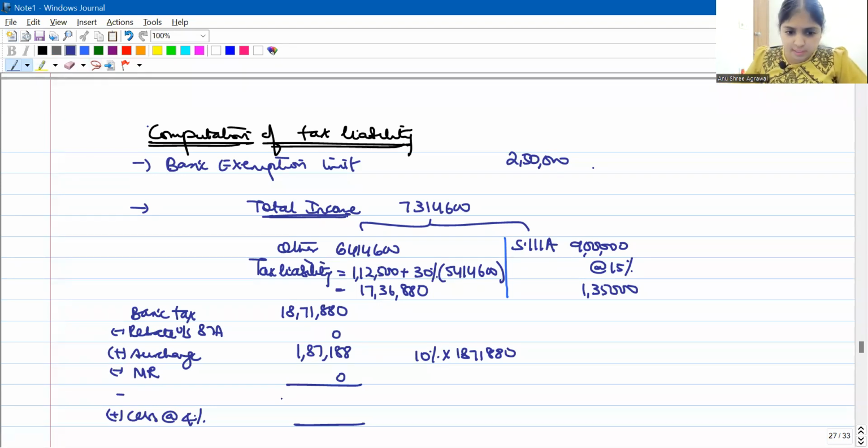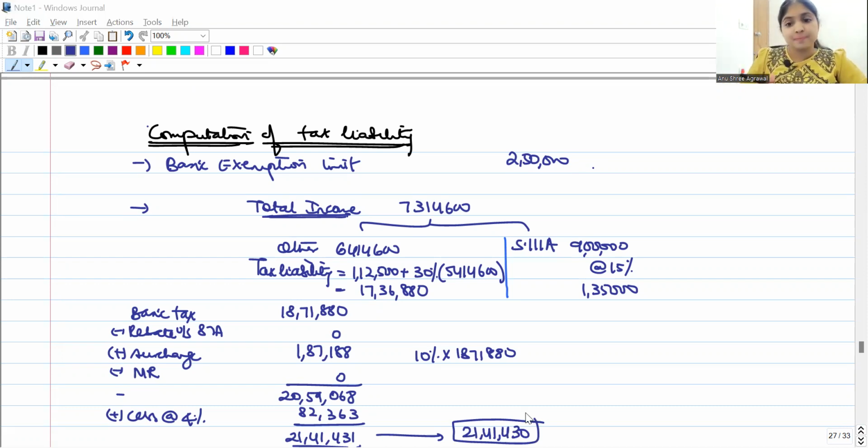This is wrong. This was 20 lakhs. 59,068. Now 4% of this will be 82,363. So total tax will now be 21,41,431, which we have to remember to round off to 21,41,430.